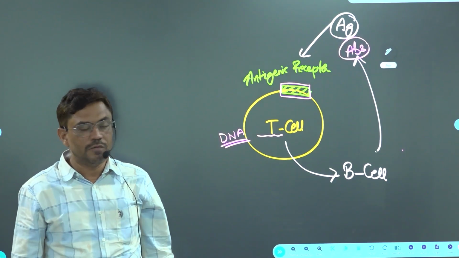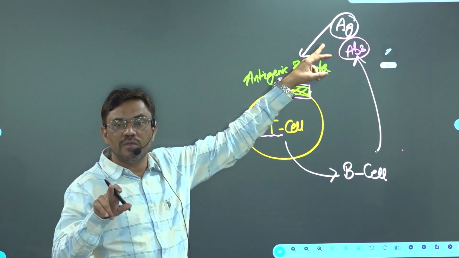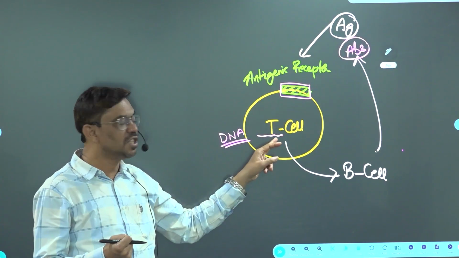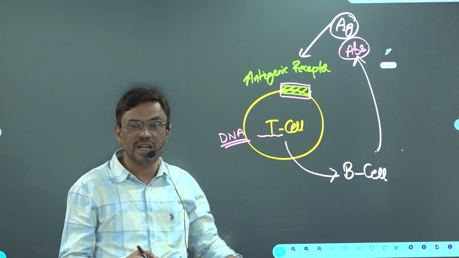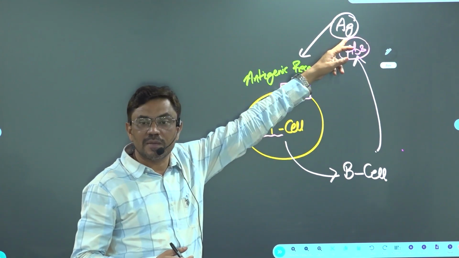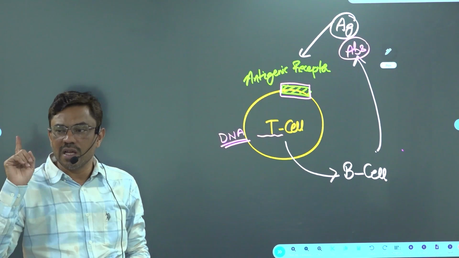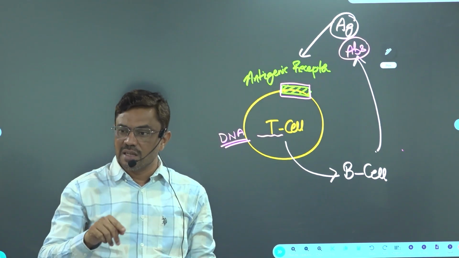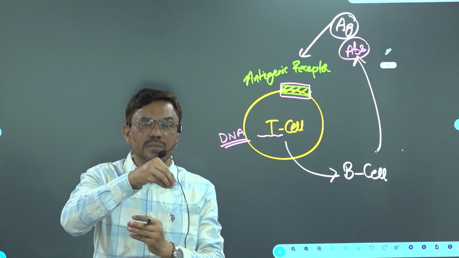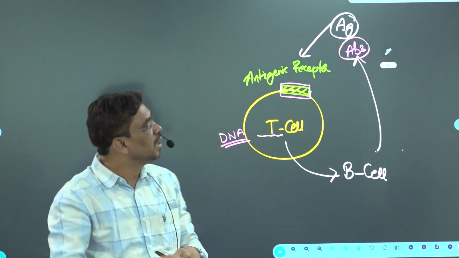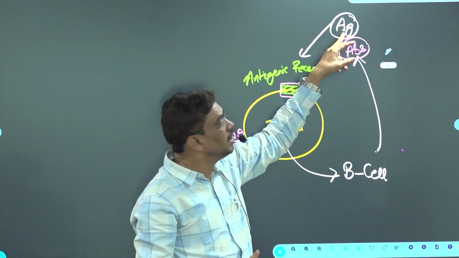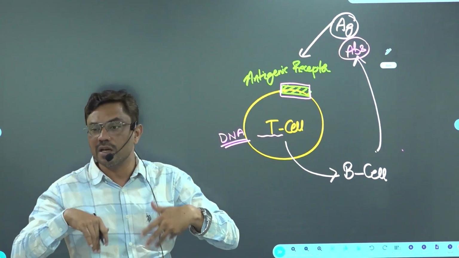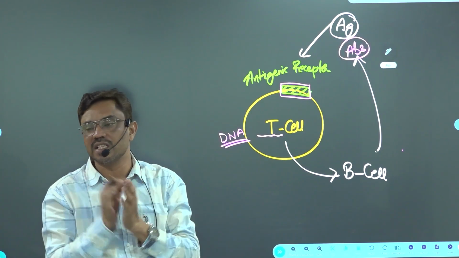Whenever the antigen responsible for the cancer comes, this antigen receptor immediately identifies it and triggers this T cell, thereby the T cell, with the help of B cell, releases the antibody against this cancer. At any time, if the antigen responsible for cancer enters, the antibody is released immediately and kills this antigen. Like that, the antibodies related to this cancer are continuously produced within the body itself. That means it is acting as a live drug.